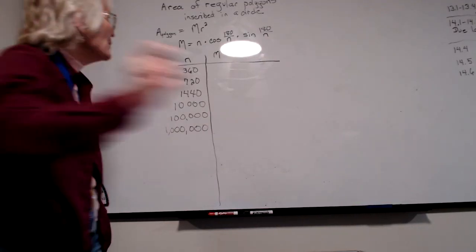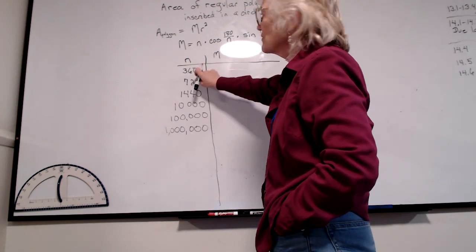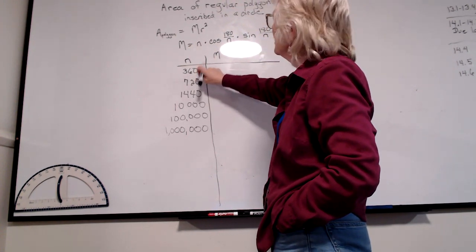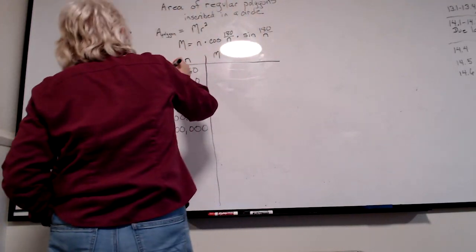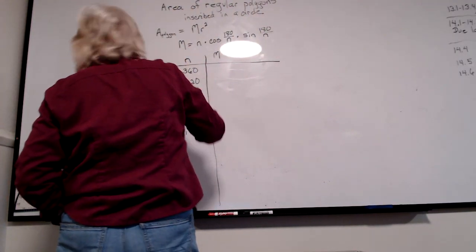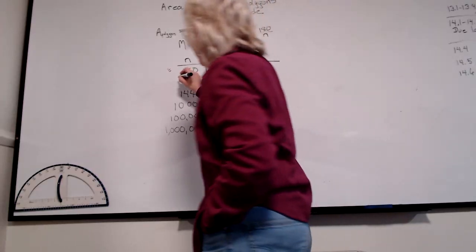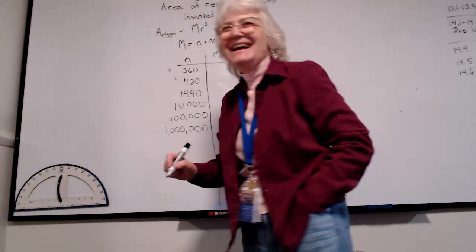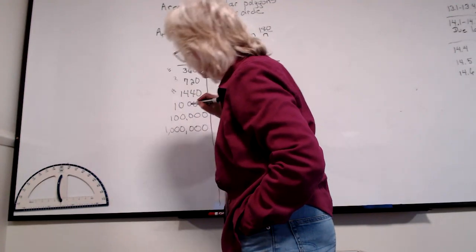So Elijah, you are calculating m. The number of sides you're going to put in is 360. So in your calculator, find that. Paxton, 720 this time. Harrison, you're doing 1440.